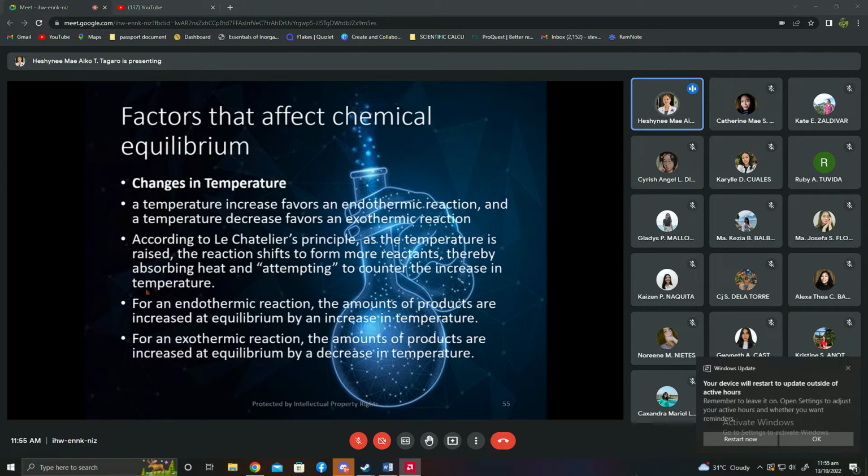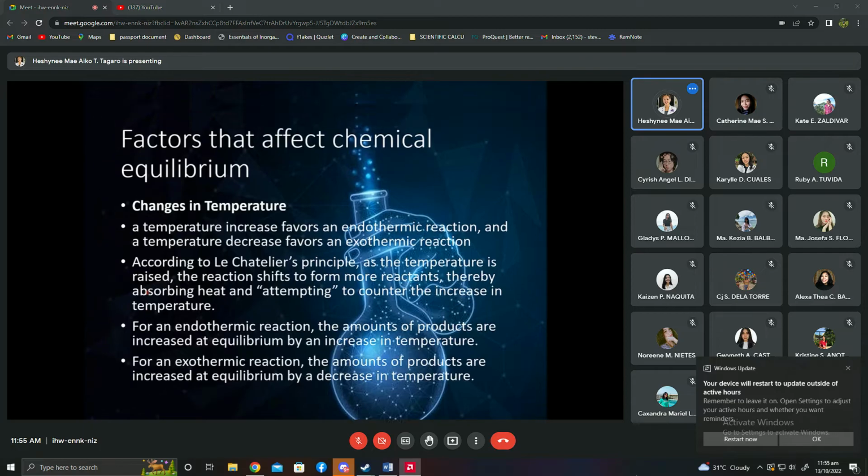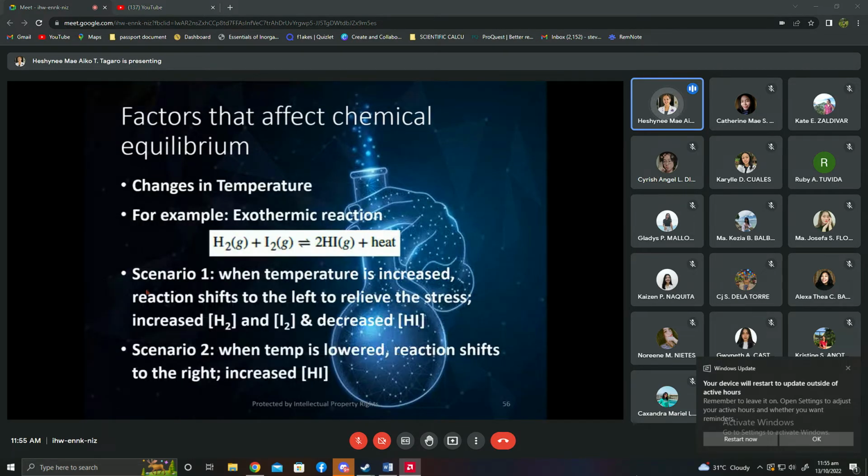Okay, what do you need to know in temperature changes? You need to identify first whether the reaction is endothermic or exothermic. And from there, mabalaan ninyo kung sa diin nga side ma-shift ang reaction. Let's have an example for an exothermic reaction.